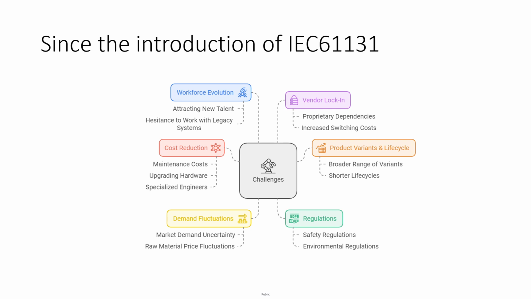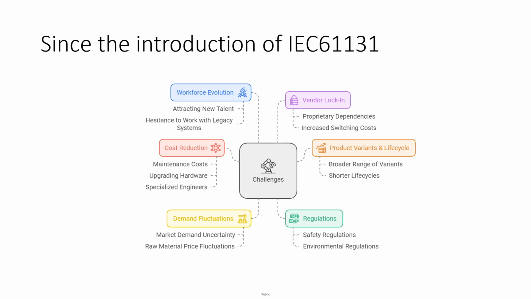of IEC 61131 solutions. Then comes the change in the nature of the workforce in industrial automation. There's a need to attract new talent, but younger generations often hesitate to work with legacy systems like those based on IEC 61131, which require specialized and less familiar knowledge.